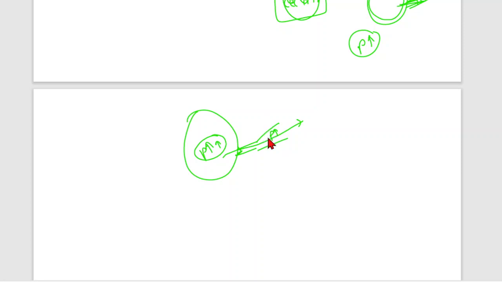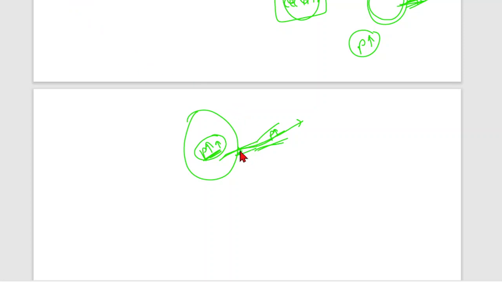This is the simple mechanism: in isovolumetric contraction, pressure rises above that of the aorta and pulmonary trunk, and blood moves toward lower pressure, through the aorta.